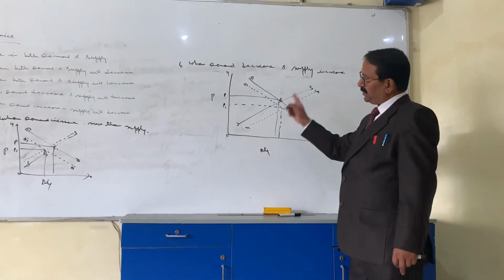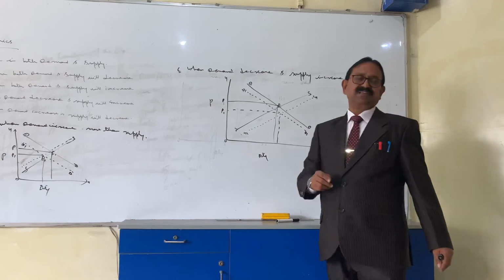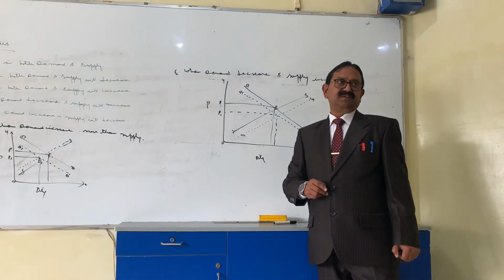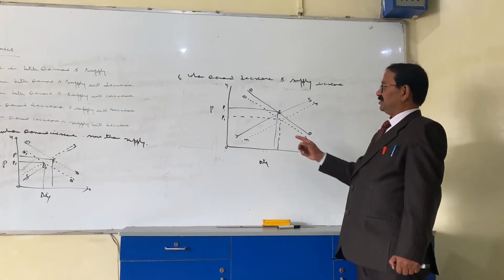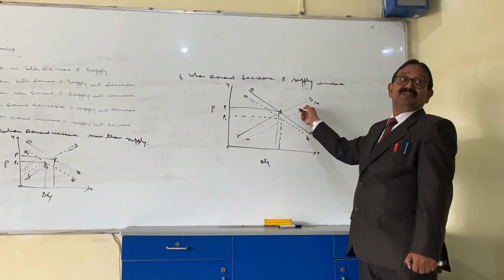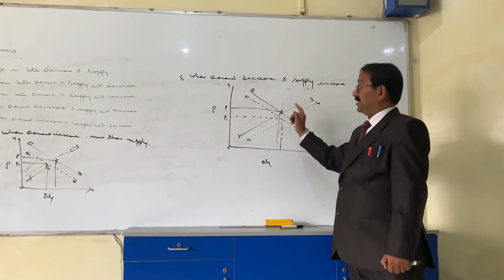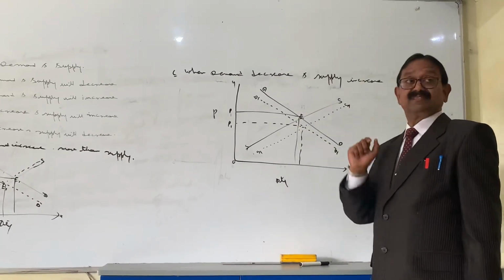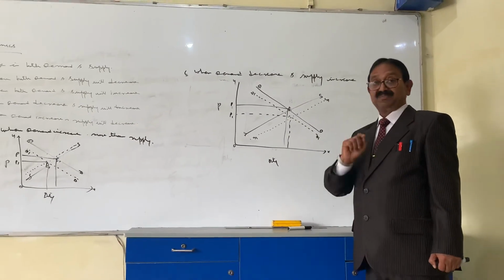So there is a competition. In this situation, there is a competition among the sellers. Because supply is increasing. They have more goods. And there is less demand. Demand has all of a sudden decreased. So there is one option.